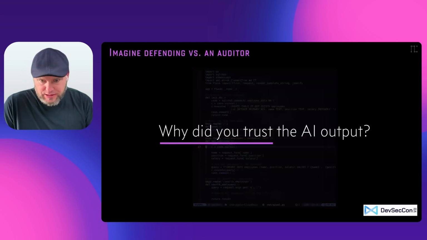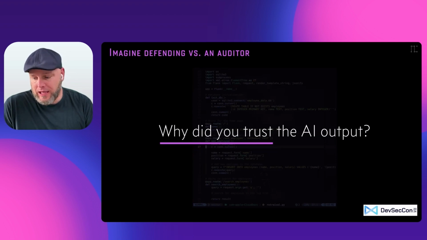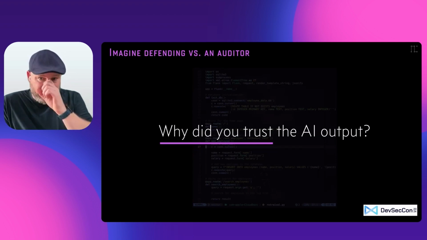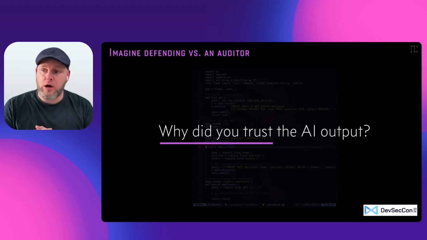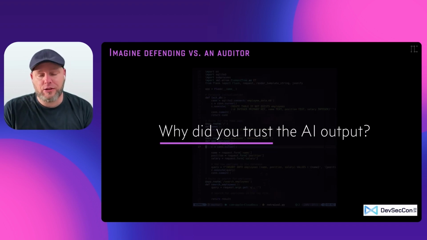And this is really the key. That last step is really the thing that we care about. We need to be able to get an answer, a pass or fail, and we need to be able to respond to an auditor, right? We've all been in that situation where the auditor wants to understand the process and the thinking behind it, and they want some sort of transparency. Why did you trust this output?